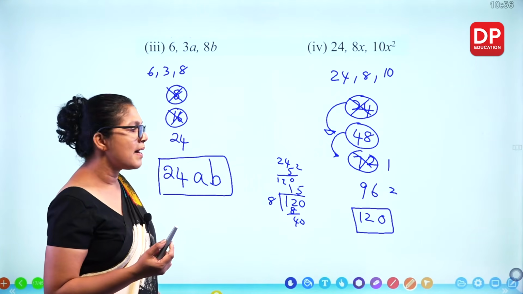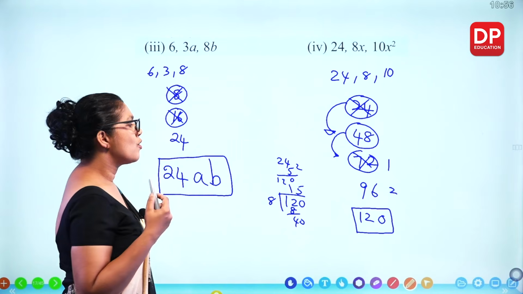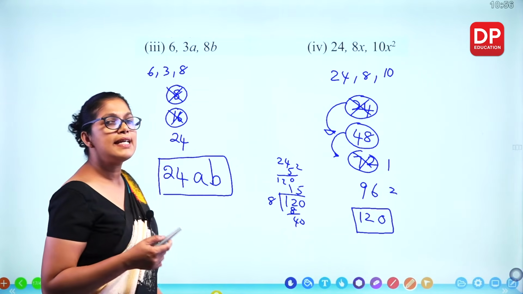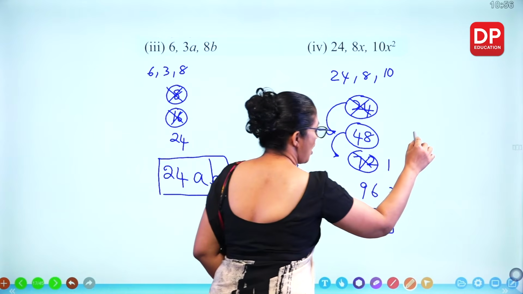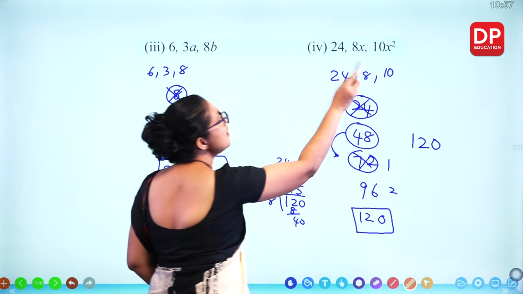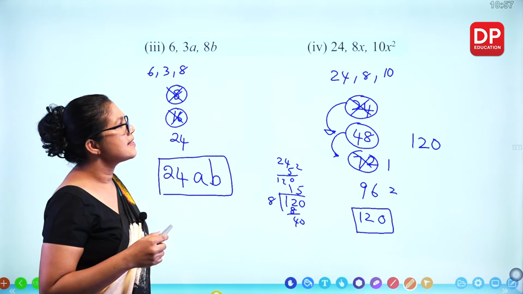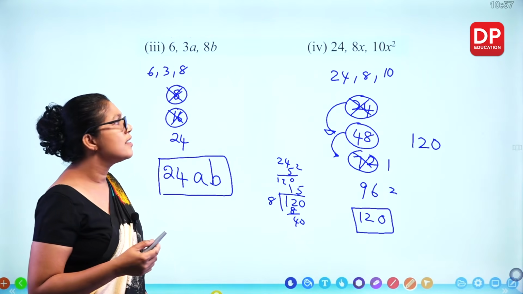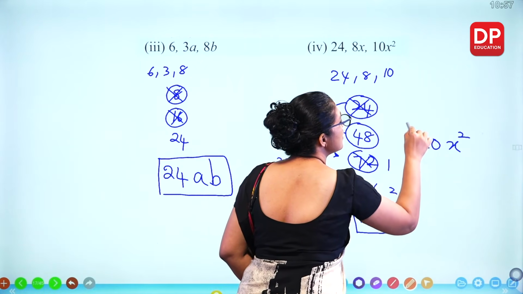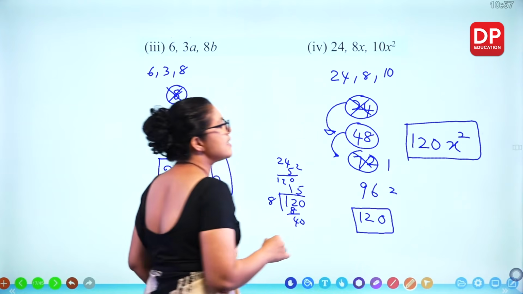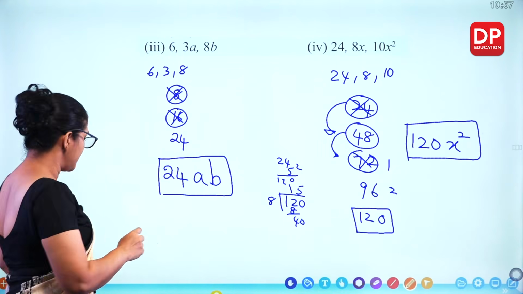Now, is it divisible by 10? Yes. So 120 is the least common multiple of these three numbers. Then look at the power of x. What's the highest power of x? You get x squared. So the answer is 120x squared.